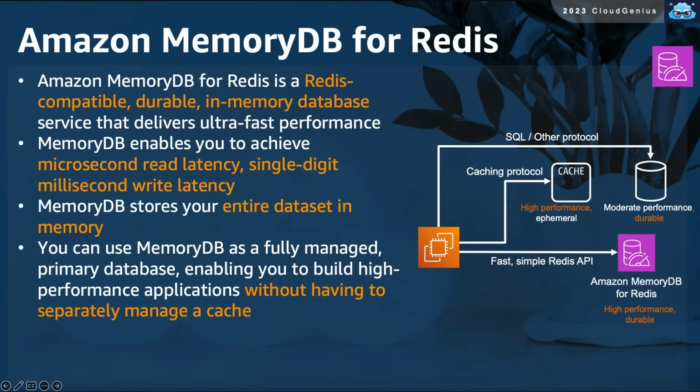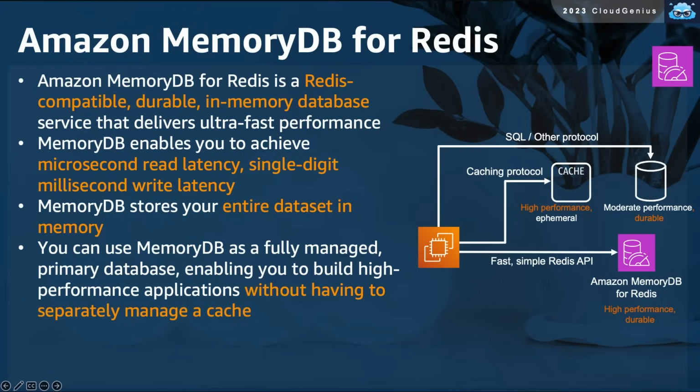AWS Memory DB for Redis is a powerful, fully managed in-memory database service offered by Amazon Web Services. It provides several advantages, including microsecond read latency, millisecond write latency, and the ability to run high-performance applications without the need for separate cache management. When it comes to latency, AWS Memory DB for Redis offers exceptional performance.